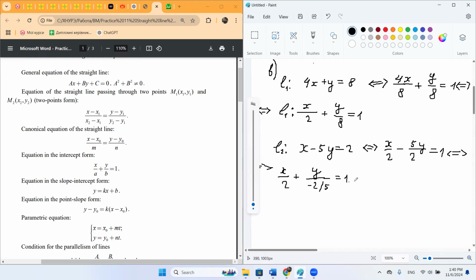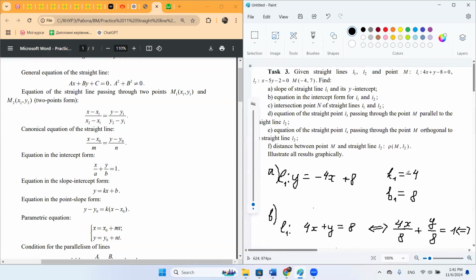This is just to know the intercepts when building the graph. Basically the L2 equation, the intercept equation final form: x by 2 minus y by 0.4 equals 1. So part B is done. Any questions for now? Comments?